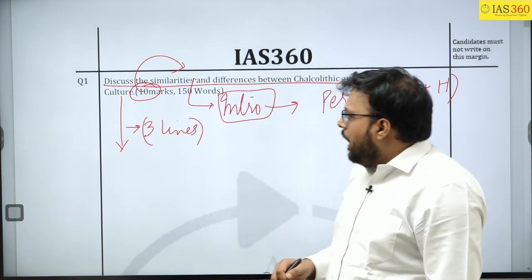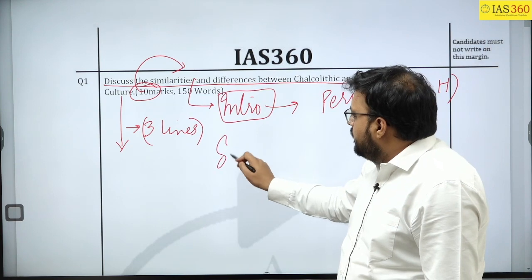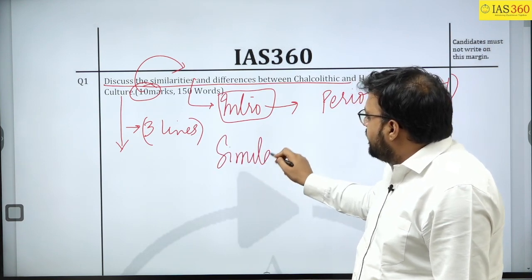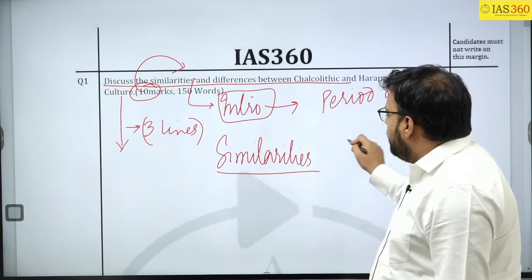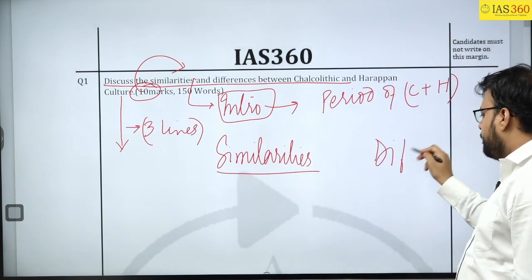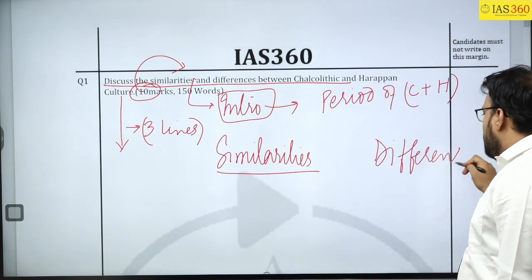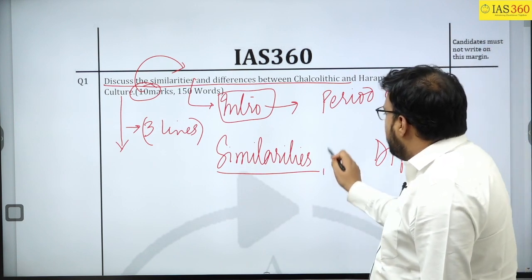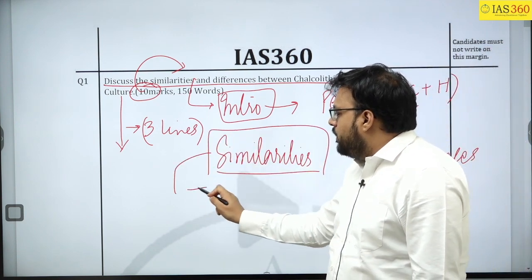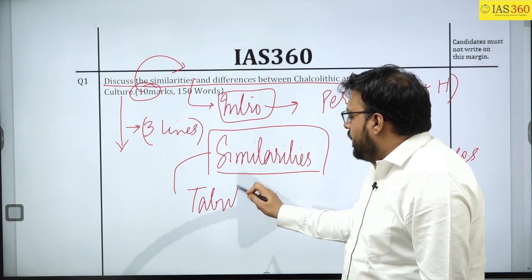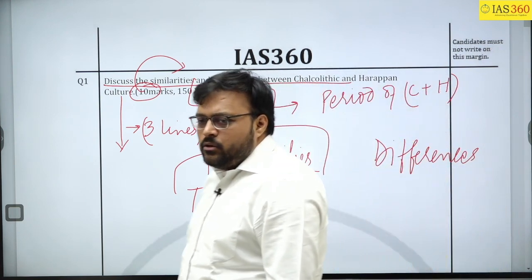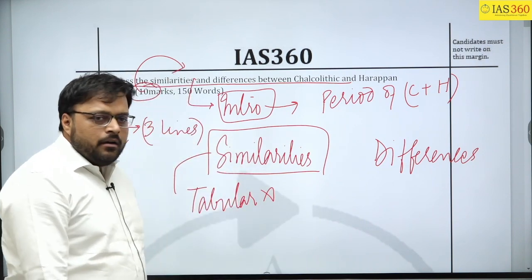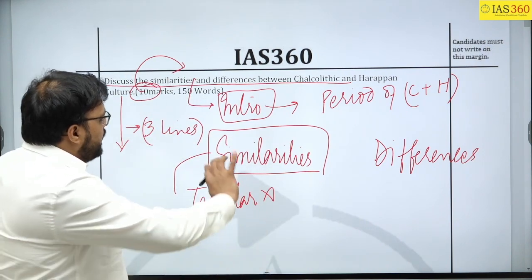After that, there are two things: similarities and differences. In similarities, you cannot have a tabular representation. It is always better to mention them in points.